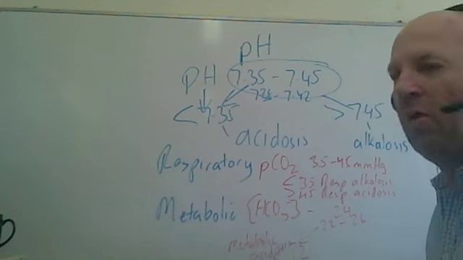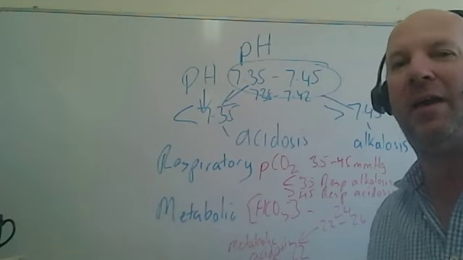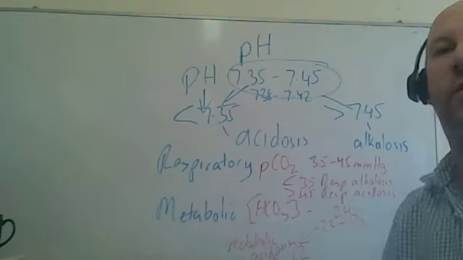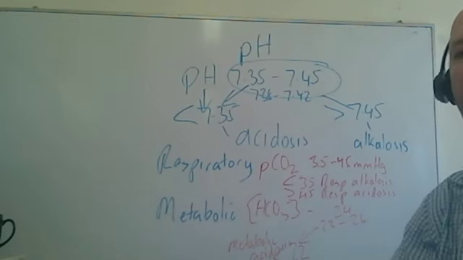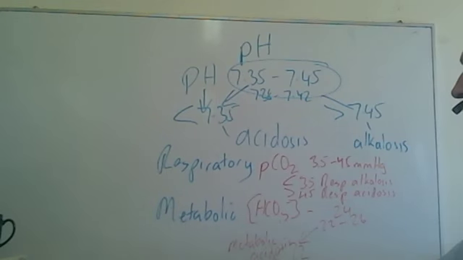And why is that? Well, high levels of hydrogen ions being produced are going to suck up all those bicarbonate buffers, so you're going to use more and more bicarbonate, you won't be able to produce enough, and your bicarbonate concentration drops. So less than 22, metabolic acidosis.